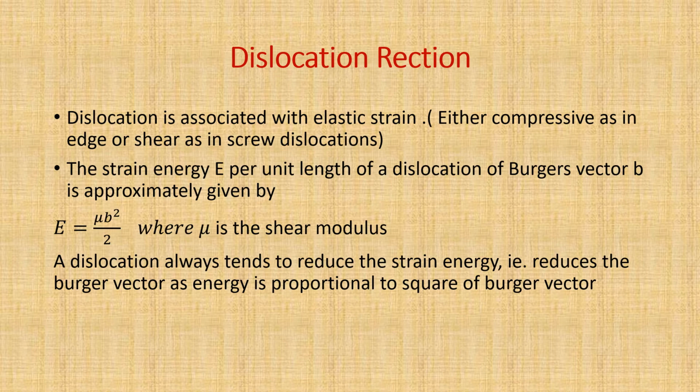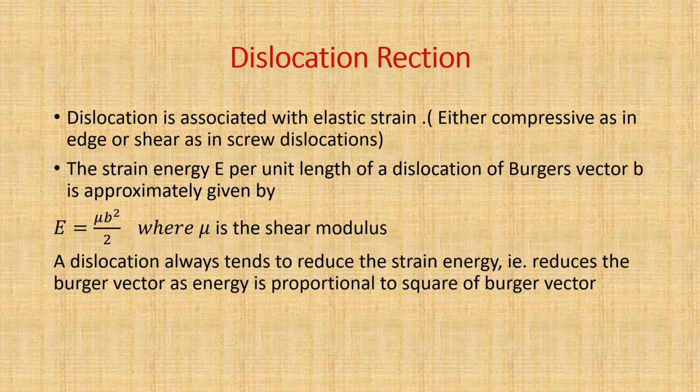Dislocation reaction. We all know that a dislocation is associated with some sort of elastic strain, that is compressive in nature for edge dislocation, and shear strain in the case of screw dislocations. And there will be some strain energy associated with this. We learned this in the previous module.